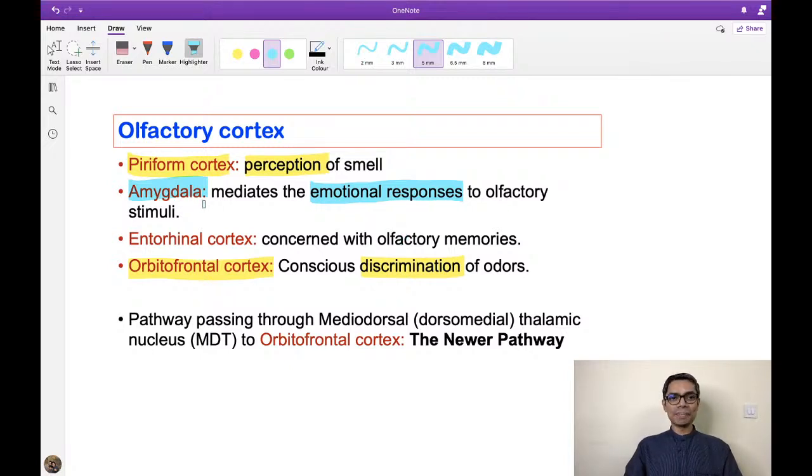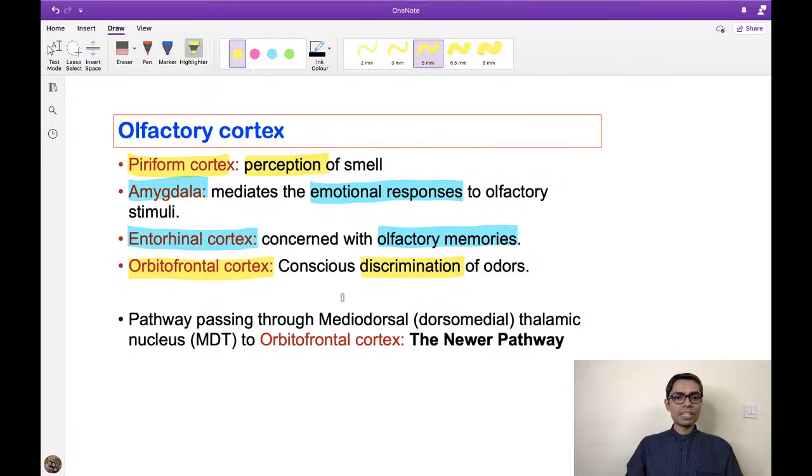That is the amygdala. And apart from this, the entorhinal cortex is also responsible for some part of olfaction, and that is related to olfactory memories. You can remember that this is the smell which you typically find from these substances. So this kind of olfactory memory is because of the entorhinal cortex, right?